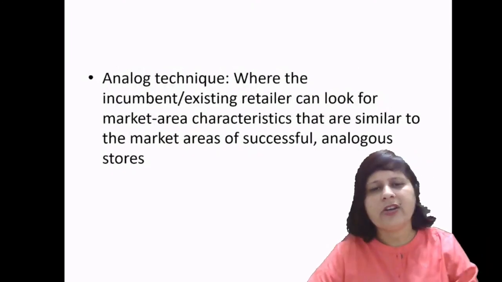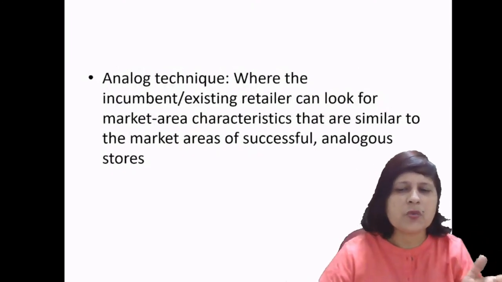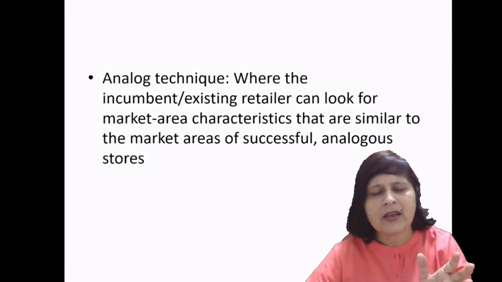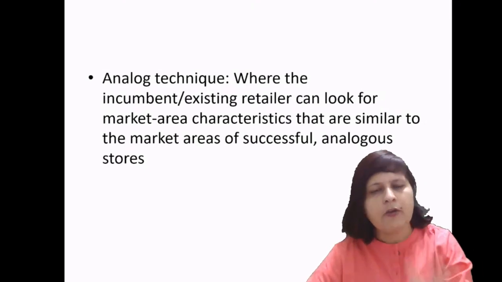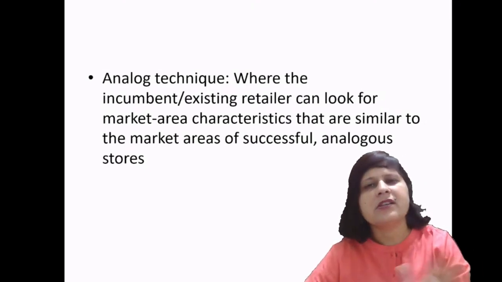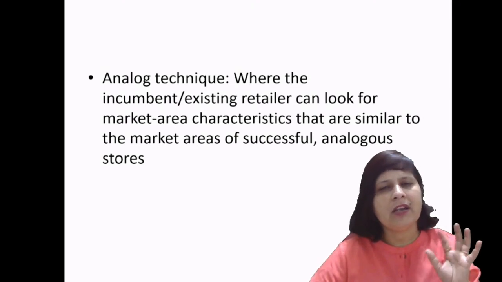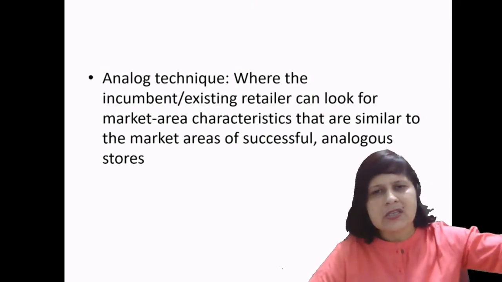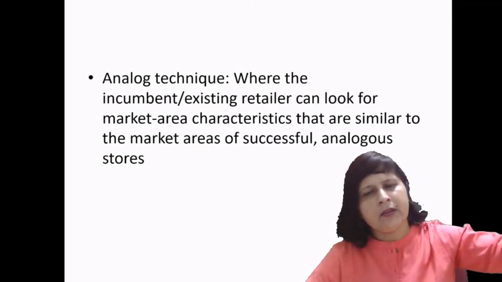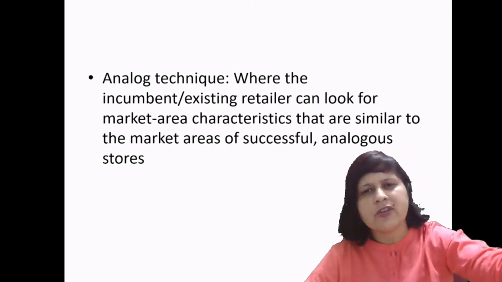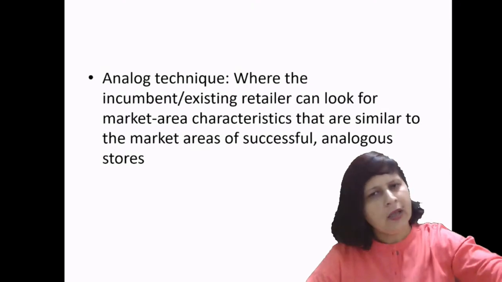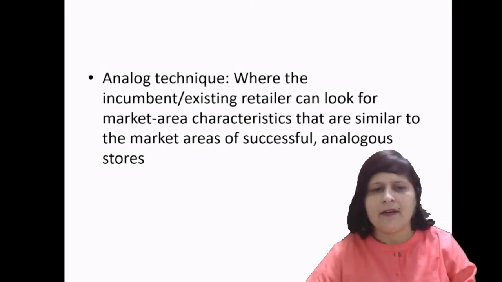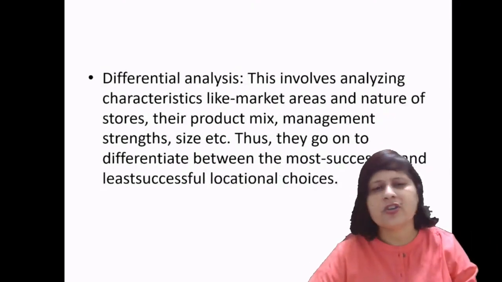Next is the analog technique. The analog technique is when you characterize the market area, that is, you look for market area characteristics that are similar to the market area of a successful analogous store. When that market is very successful and the conditions of this market are similar to that market, then we can go for that location.